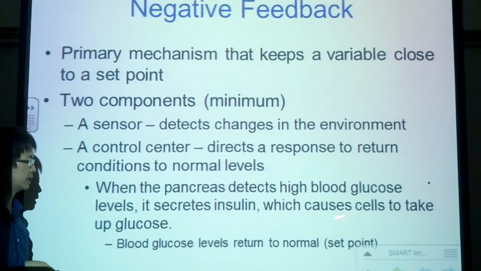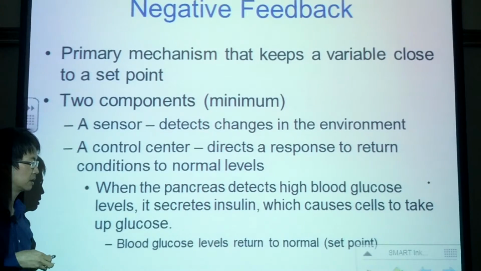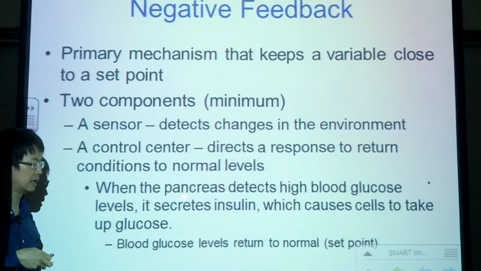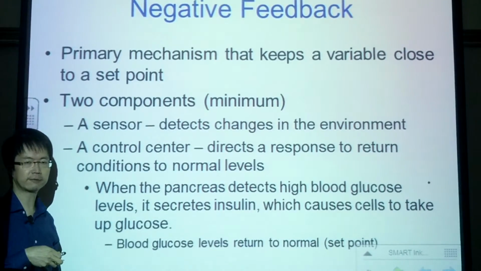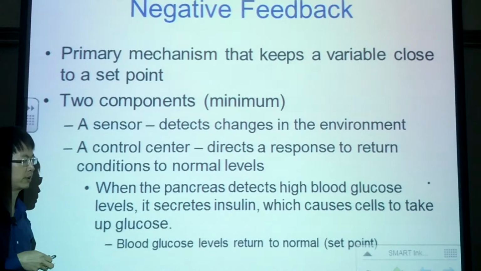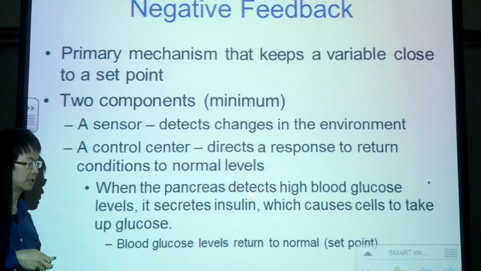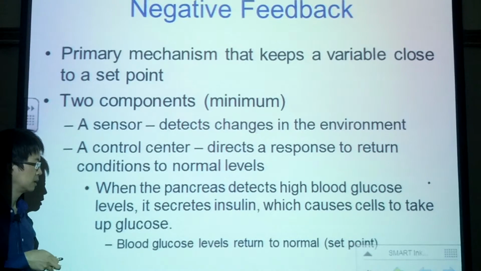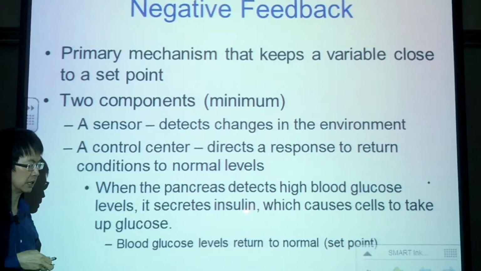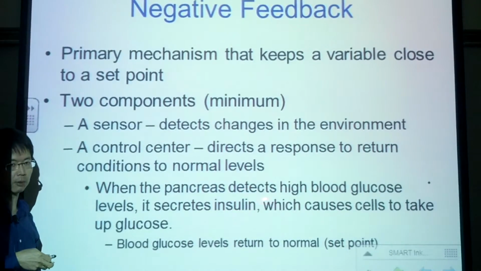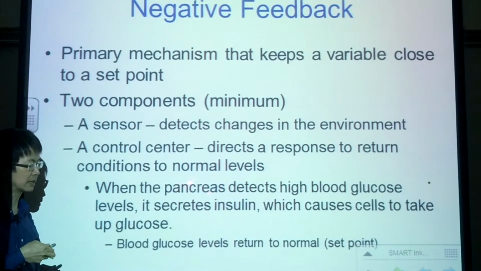An example here is the pancreas. Your pancreas in this case is not part of the central nervous system, it's not part of the brain, but the pancreas can detect the blood glucose level. If your blood glucose level is high, then your pancreas will secrete insulin. Insulin is a hormone. In this case, the pancreas acts like an endocrine gland.